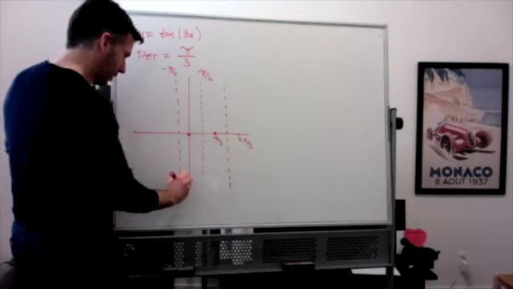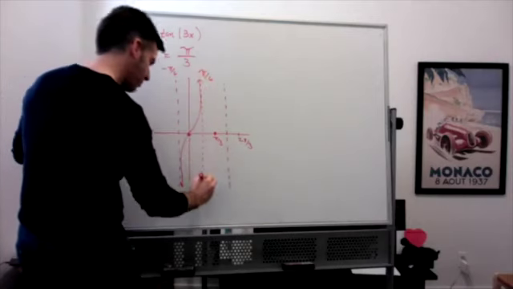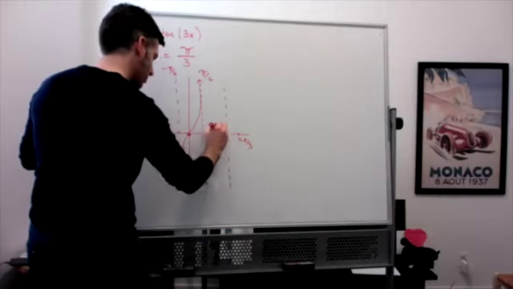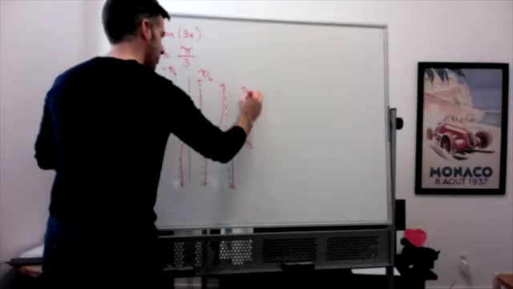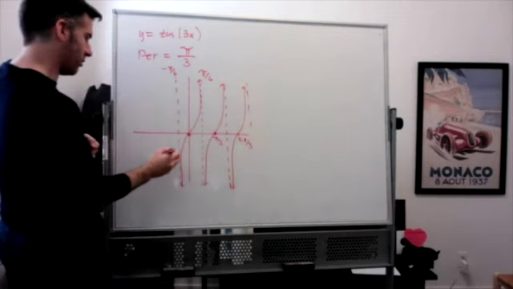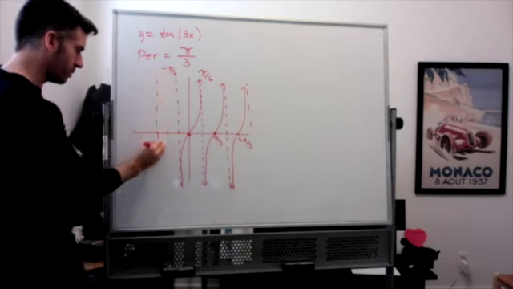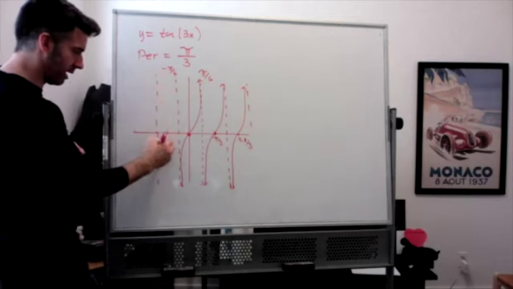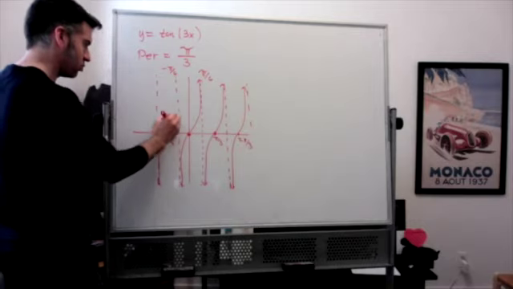So this is going to look like this. And it just keeps going. You would also have another vertical asymptote to the left here. So this point here would be negative pi over 3. And this would be a vertical asymptote.